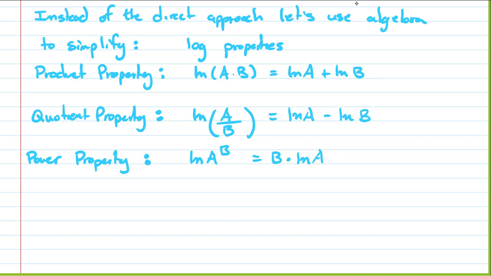So using these properties, we can actually eliminate a whole bunch of our rules. We'll notice the product property changes multiplication into addition, so that would avoid having to use the product rule. The quotient property changes division into subtraction, which would then sidestep the quotient rule.